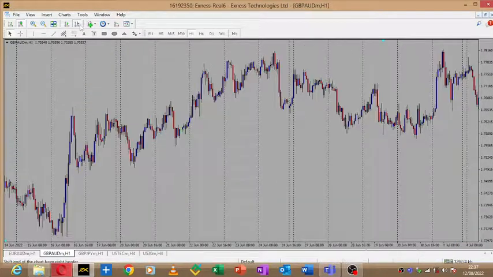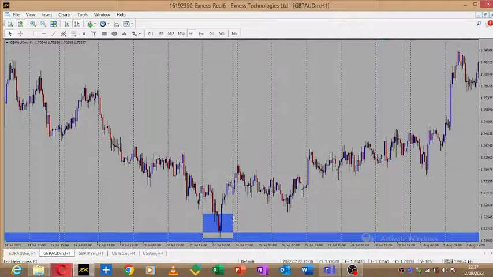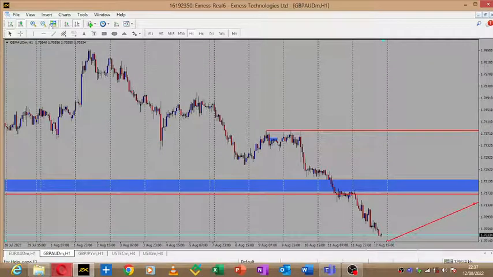I like to find it on the 1 hour, the daily, or even the 15 and 5 minute, depending on which time frame I'm operating on. This is the area which formed the lowest candle.